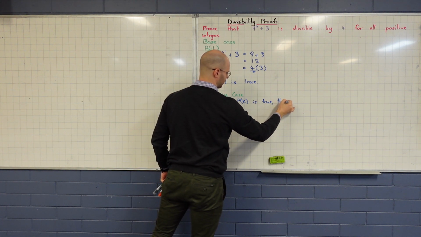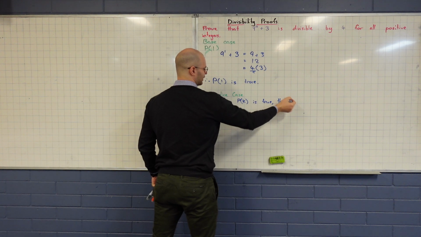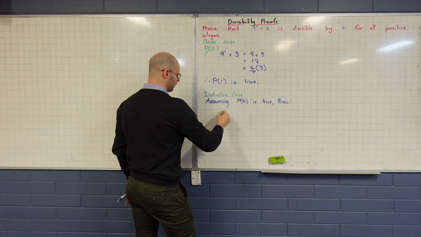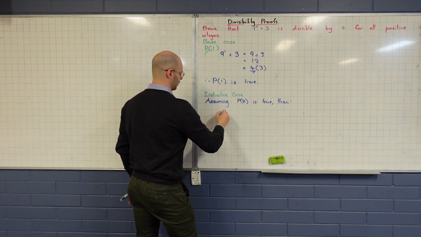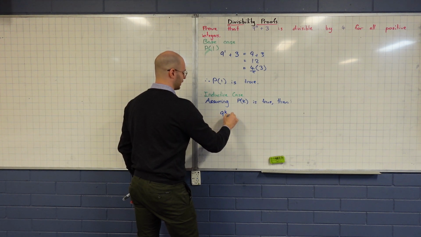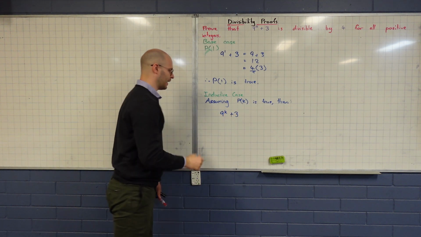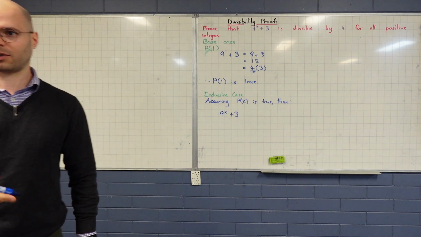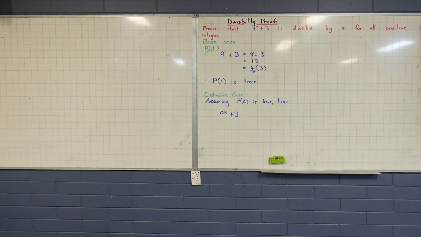Then what we find is that P of k is going to be 9^k + 3. And if 9^k + 3 is divisible by 4, what would it equal?